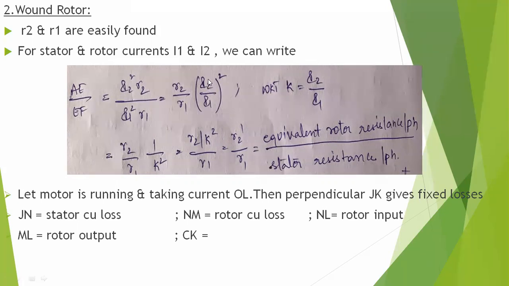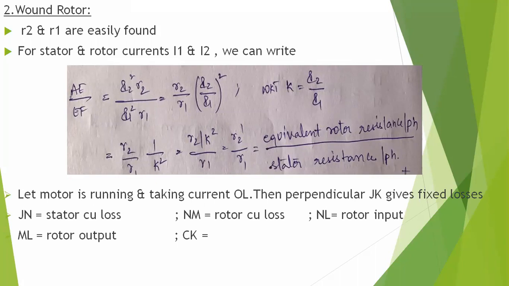Because N2 by N1, V2 by V1, E2 by E1, all are taken as K as 2 by 1, rotor by stator. But for current, we have to take 1 by 2.